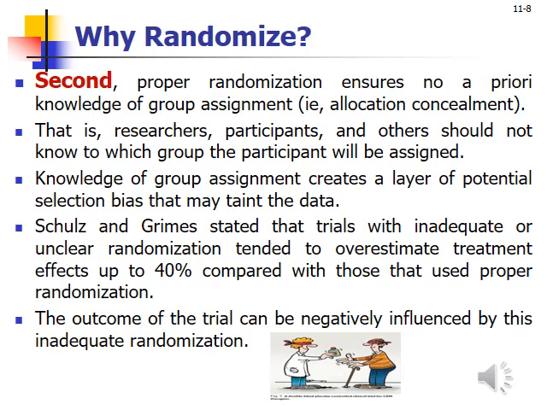Schulz and Grimes stated that trials with inadequate or unclear randomization tended to overestimate treatment effects by up to 14% compared with those that used proper randomization. The outcome of the trial can be negatively influenced by inadequate randomization.